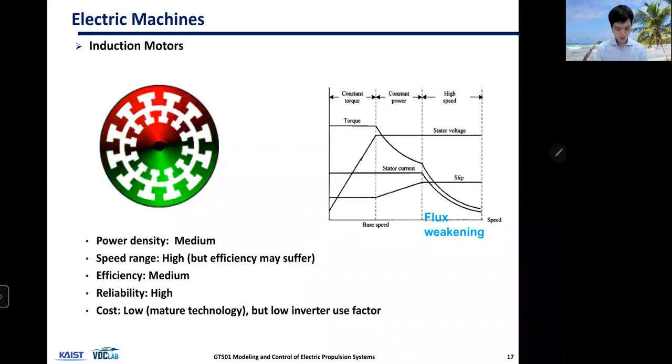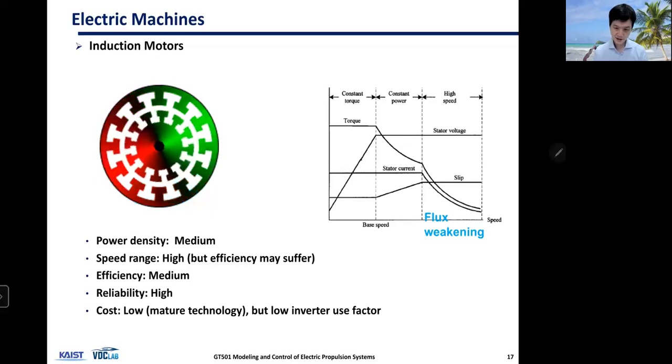And then induction motors is actually quite cheap, reliable, because it doesn't require permanent magnet. Usually permanent magnet requires rare earth material, which is usually expensive. But in the case of induction motors, you're generating the field using windings and current through these windings.